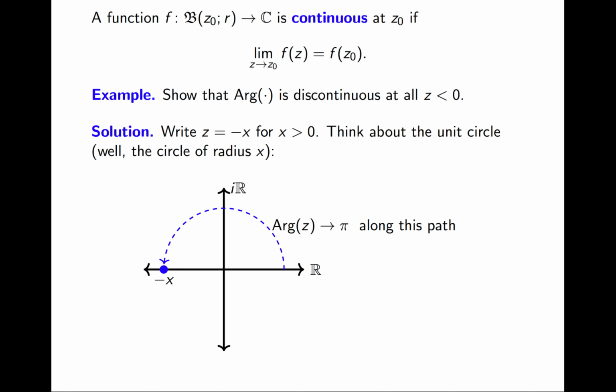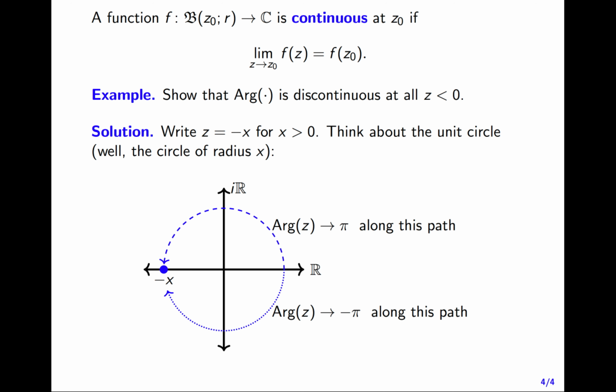Well, just think about the unit circle and how you rotate around it. The principal argument is going to approach pi, because to go from the positive real axis over to something on the negative real axis, you have to go from 0 radians over to pi radians in your angle. So along this dashed blue path, the principal argument approaches the number pi.